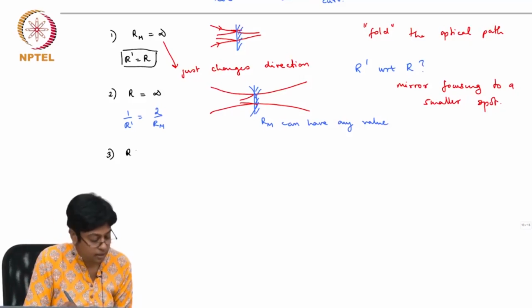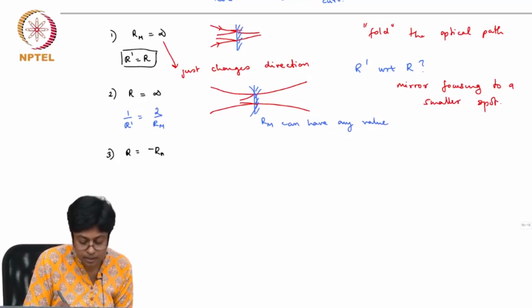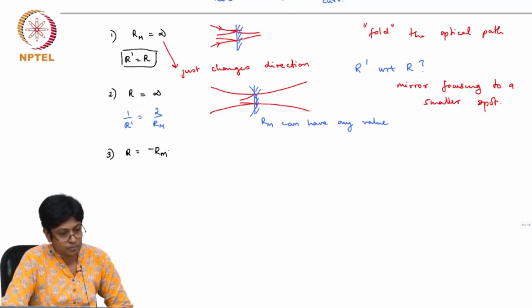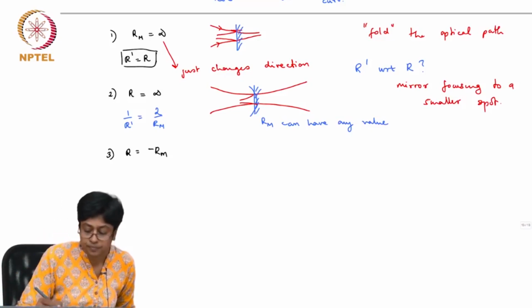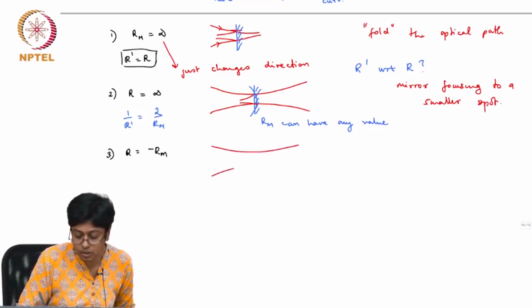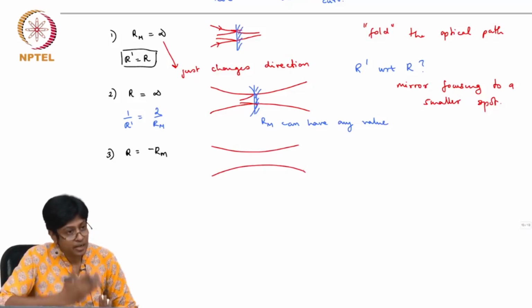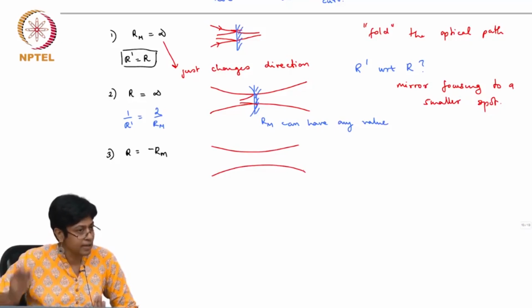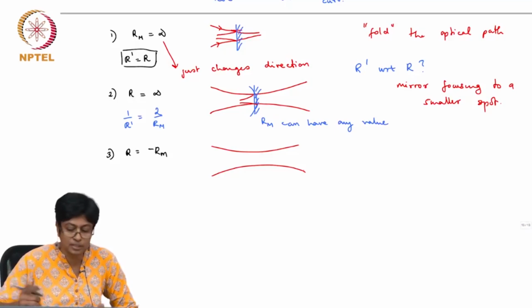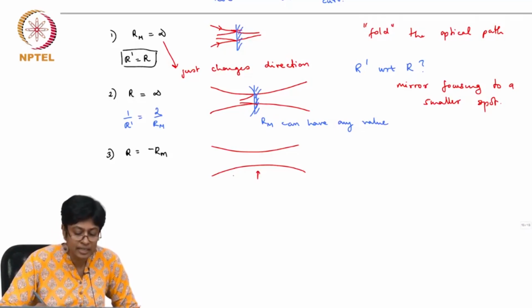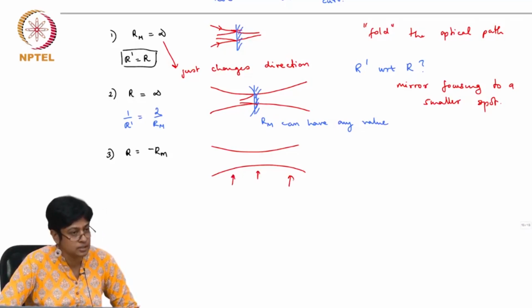where I say R is equal to minus Rm. Again, I'm taking a Gaussian beam, let's say that's the Gaussian beam. Its radius of curvature has different values as it propagates. It's planar at this region, it has curvature in the other regions.